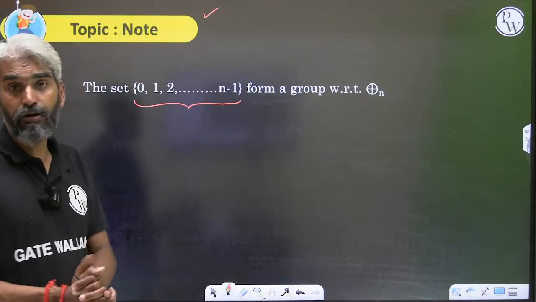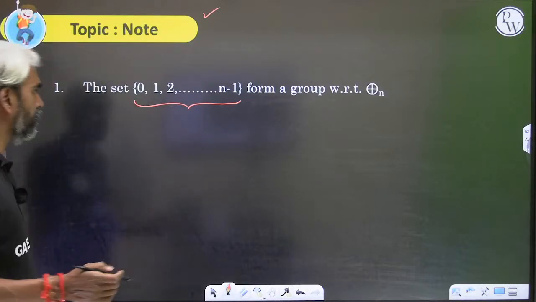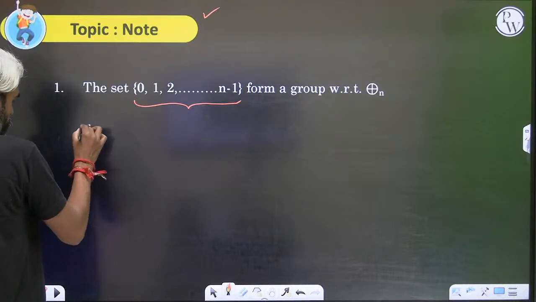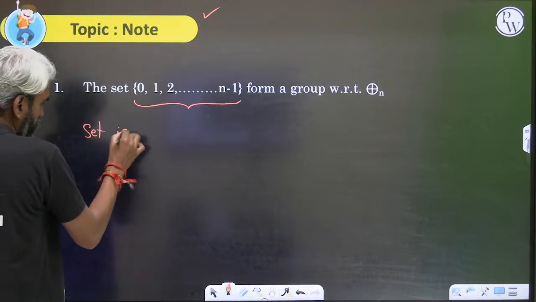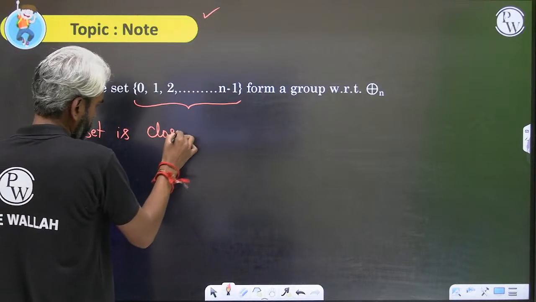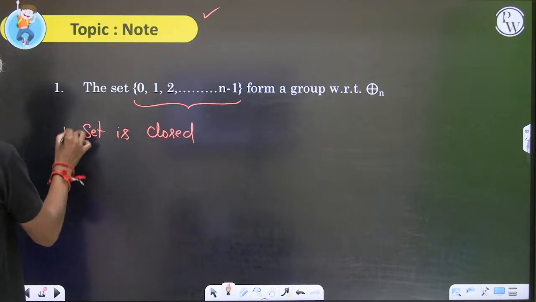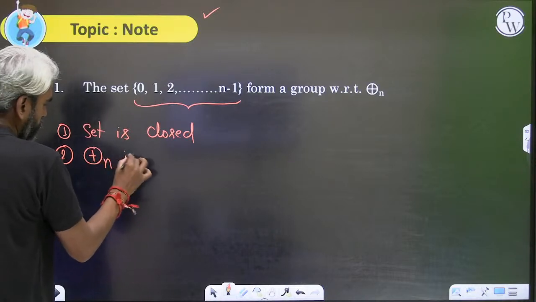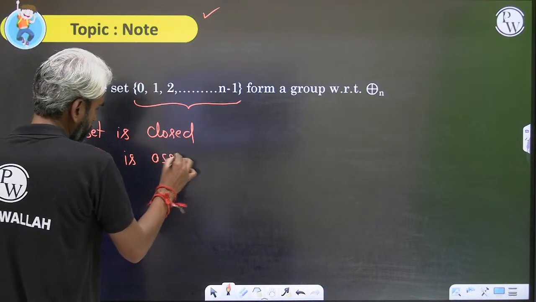Please just count. First, the set is closed. Second, addition modulo n is associative.